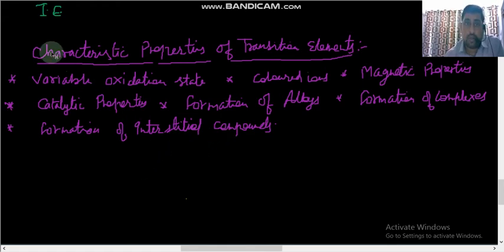So now we are discussing the characteristic properties, and the first characteristic property is variable oxidation states.